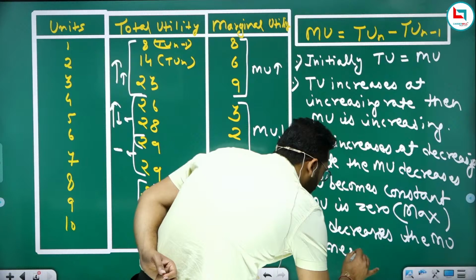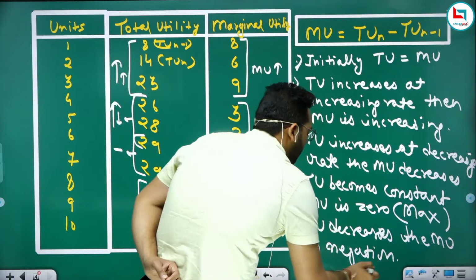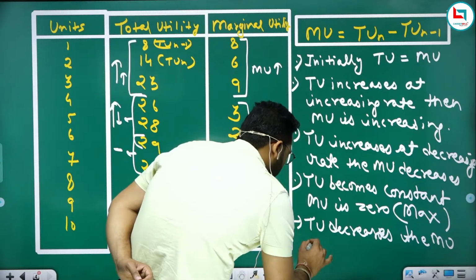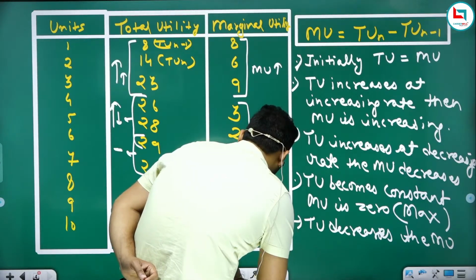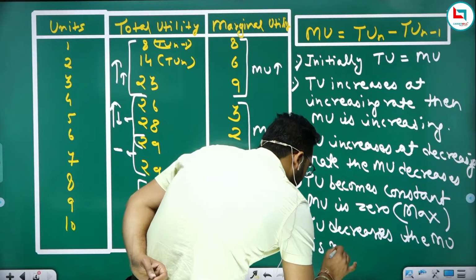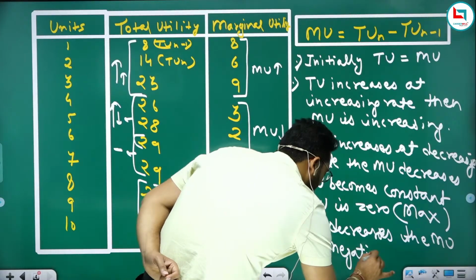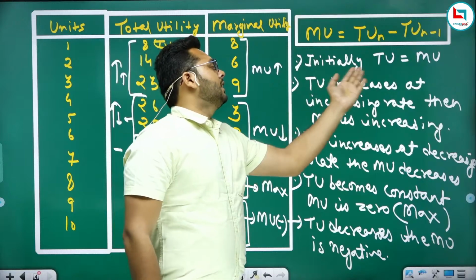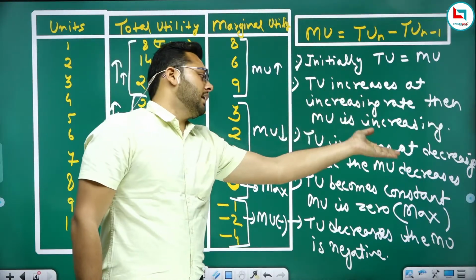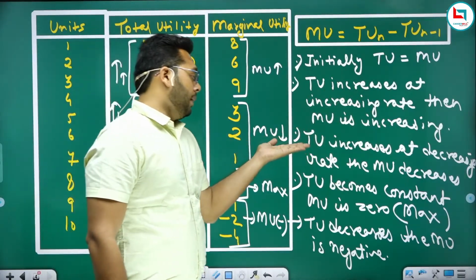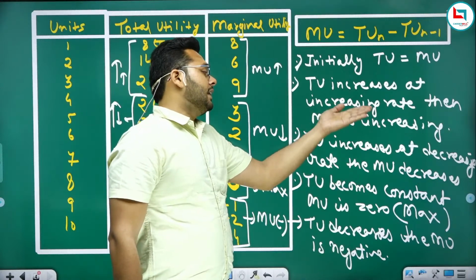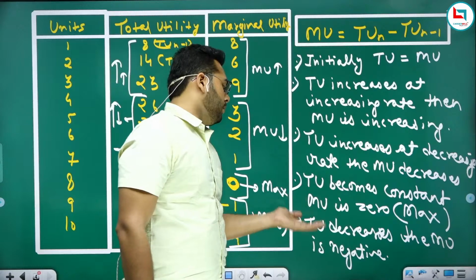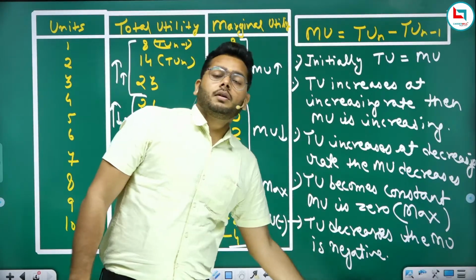You can also write in terms of MU: when MU increases, then TU increases at increasing rate. When MU decreases, then TU increases at decreasing rate. When MU is 0, TU becomes constant, and when MU is negative, TU goes on decreasing.